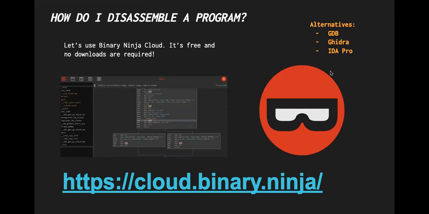So go to that link. You have to register for an account. But if you are familiar with other tools such as GDB, you can use that as well to disassemble and debug programs. There's also Ghidra or IDA Pro if you have a lot of money.